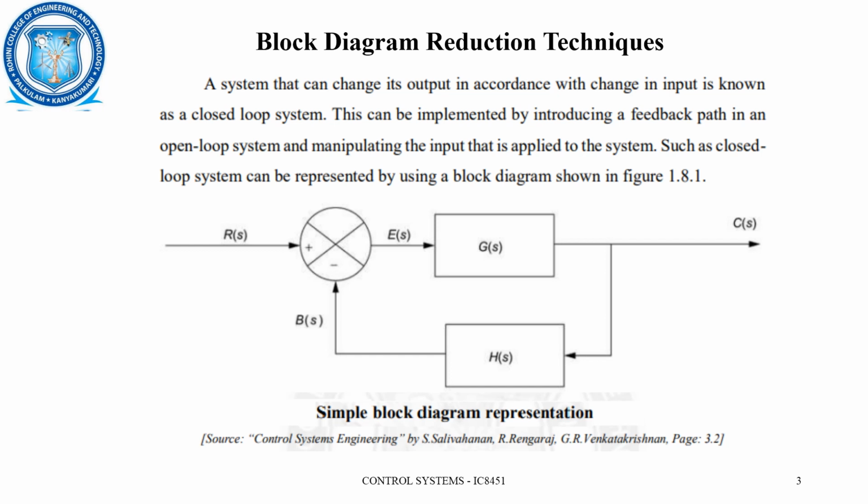Here, a system that can change its output in accordance with the change in input is known as a closed loop system normally, and this can be implemented by introducing a feedback path in the open loop system. So this is how we represent a small block diagram, which is simple. R of s is the reference input, B of s is the feedback input, and then E of s is the error, which is then fed to G of s, that is the transfer function of the system or the process itself, and finally C of s is the output.